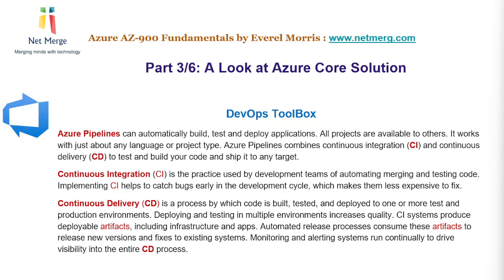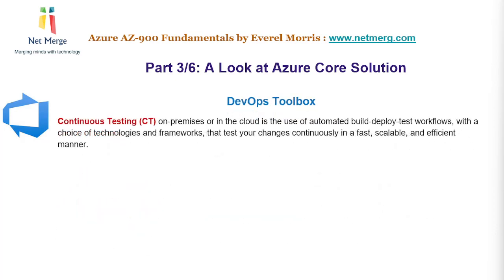Monitoring and alerting systems run continually to drive visibility into the entire CD process. So you get an idea of what continuous integration and continuous delivery are, and we'll talk about artifacts and packages that you would use in your development and how they fit into Azure.